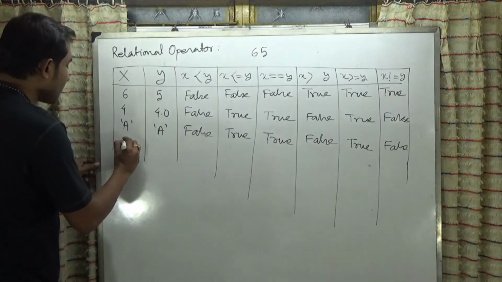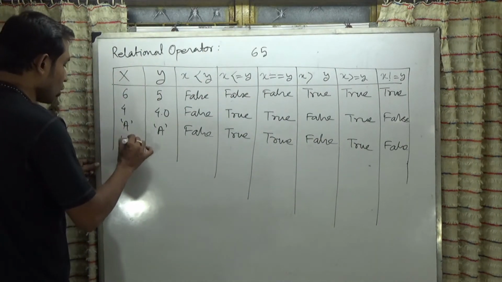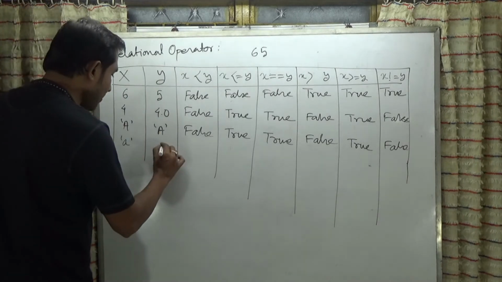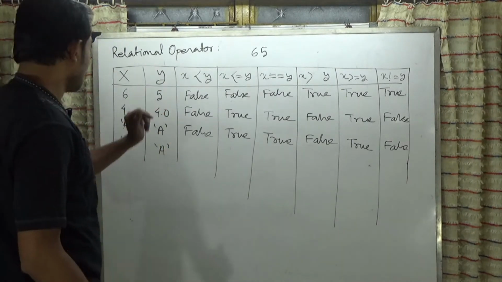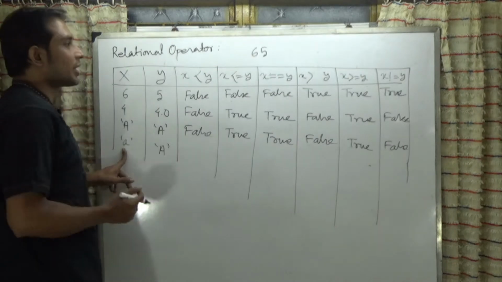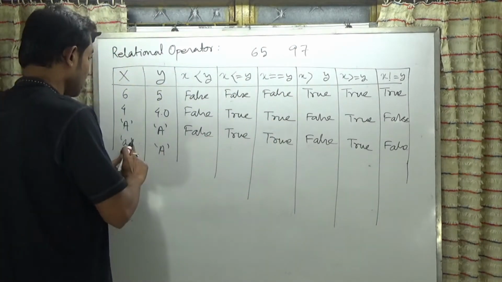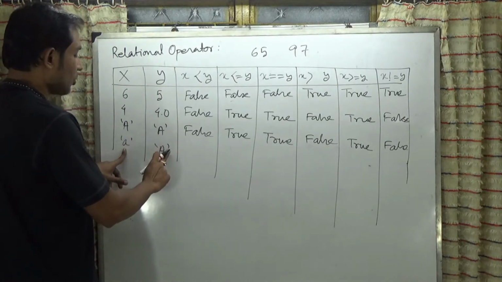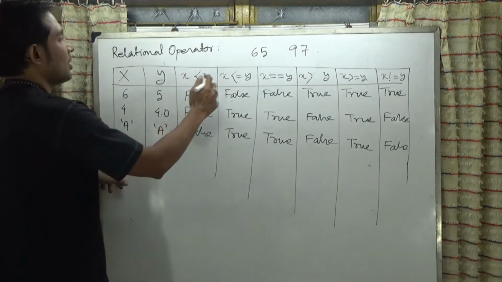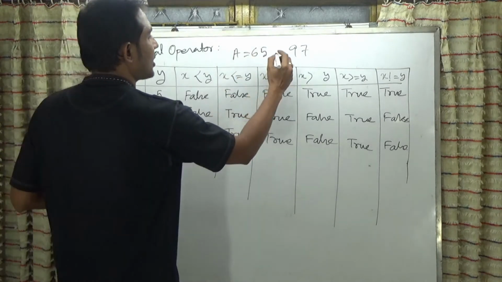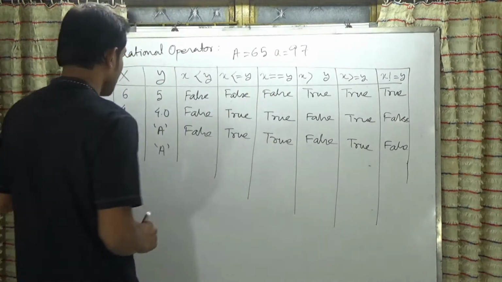Now if I am taking the value of x as small a and y as capital A, the value of small a is 97, so 97 is going to be checked with 65. This is the ASCII value of capital A and this is the ASCII value of small a.